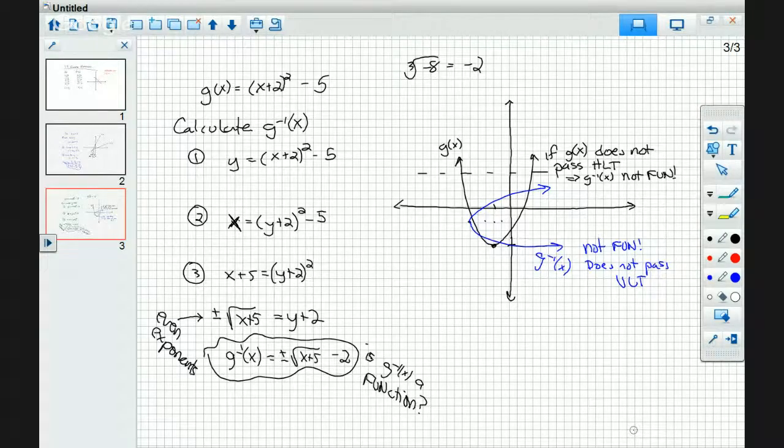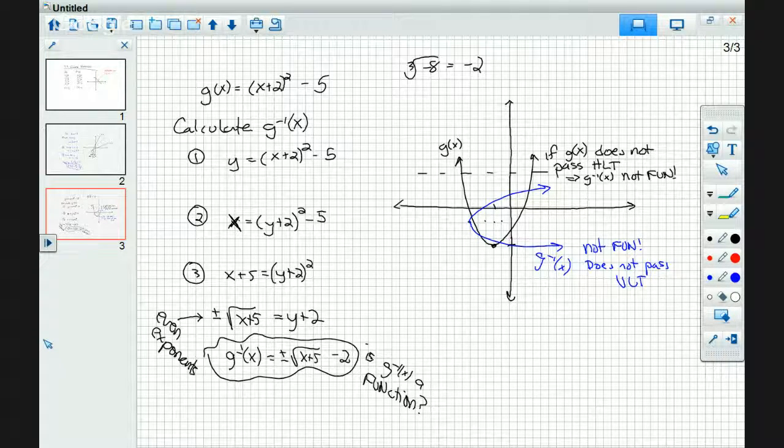You can see how that translates to a vertical line in the inverse, so the inverse does not pass the vertical line test if the original does not pass the horizontal line test. So you don't even have to look at the inverse to know whether it's a function or not.